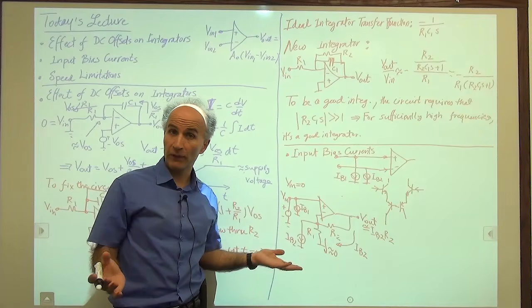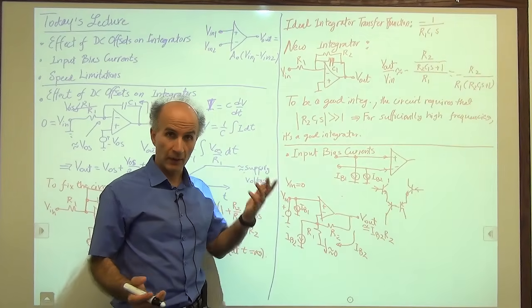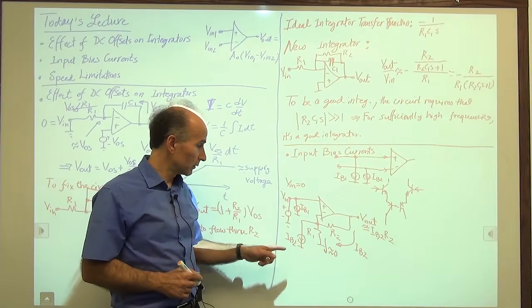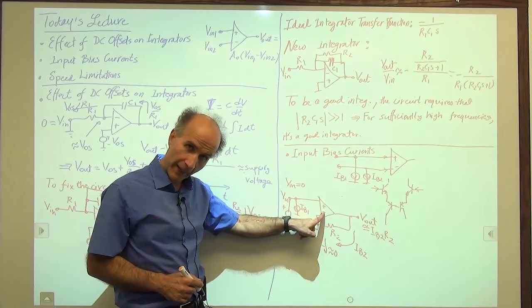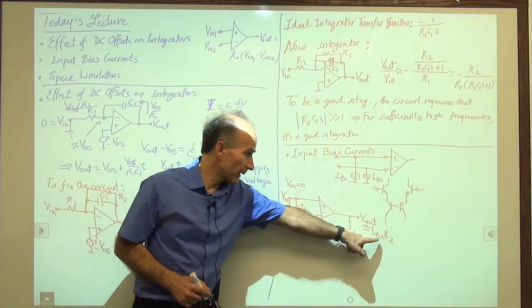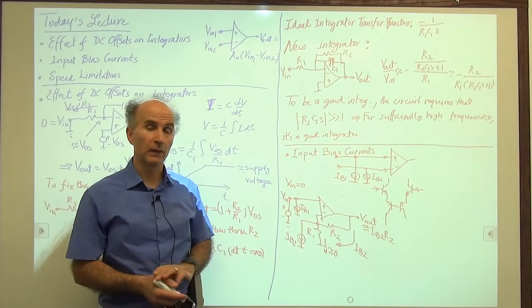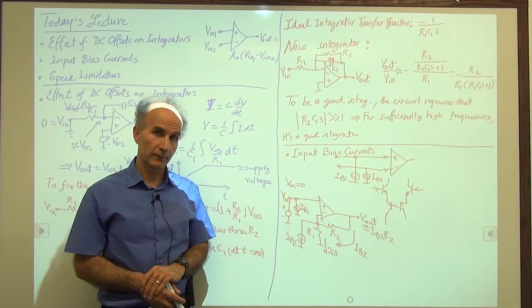So that's the amount of error we get at the output. The output voltage has a DC in it, and that DC is equal to the bias current of the op-amp multiplied by the feedback resistor, R2. The other resistor doesn't play much role in this behavior.